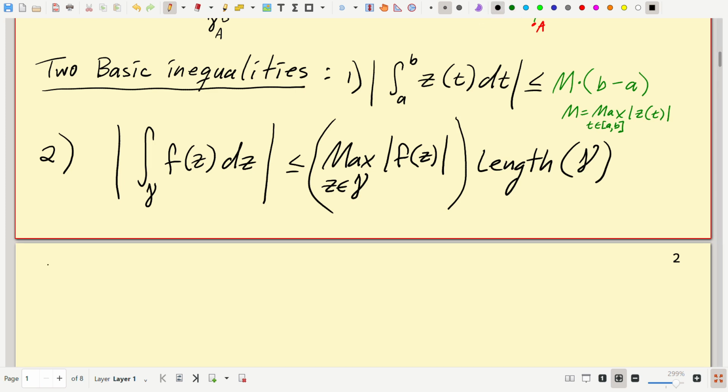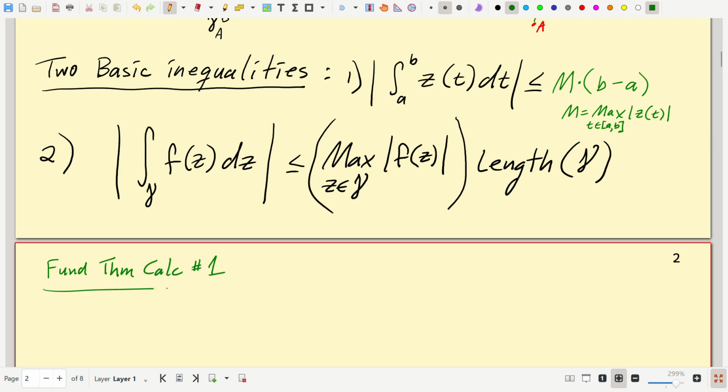Okay, so here's fundamental theorem of calculus number 1. Let's see, so we'd have the integral from a to b. There's nothing to this one.